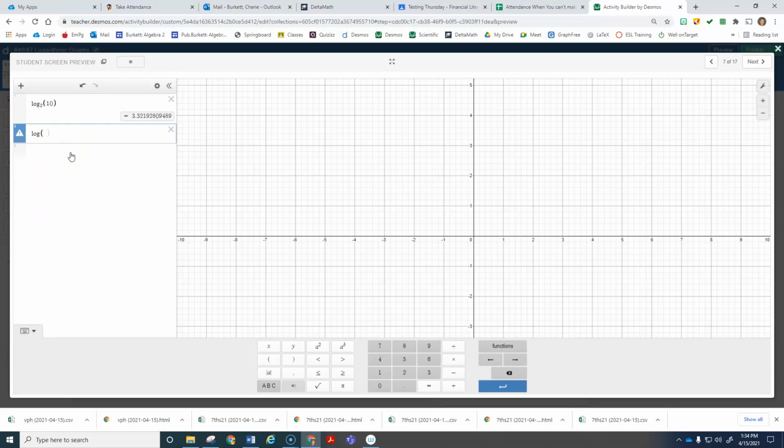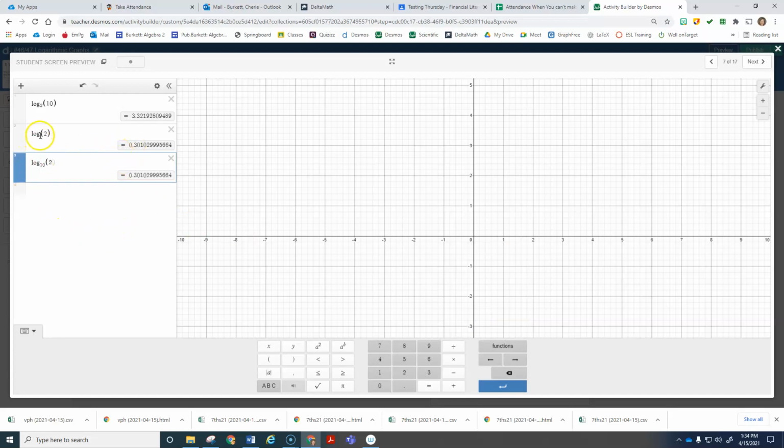So let me show you. The common log reads log base 10 of 2. If I go back and do that same thing right here, but this time I put 10 right there, see, I get the exact same answer.